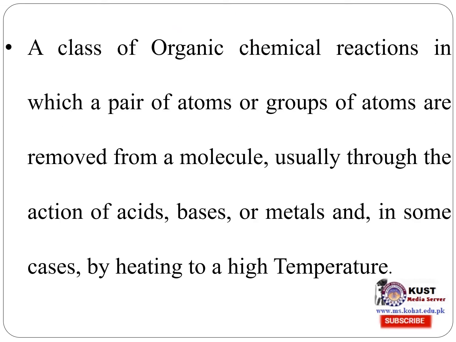It may also be defined as a class of organic chemical reaction in which a pair of atoms or groups of atoms are removed from a molecule, usually through the action of acids, bases, or metals, and in some cases by heating to a high temperature.